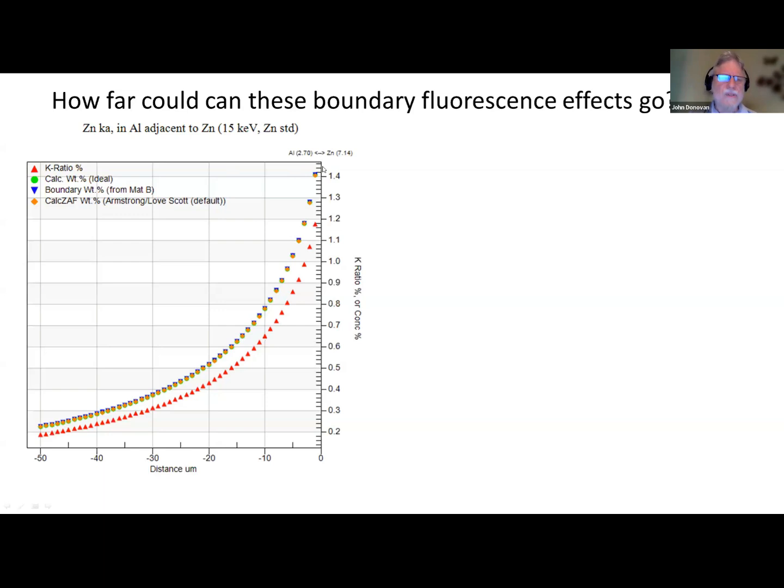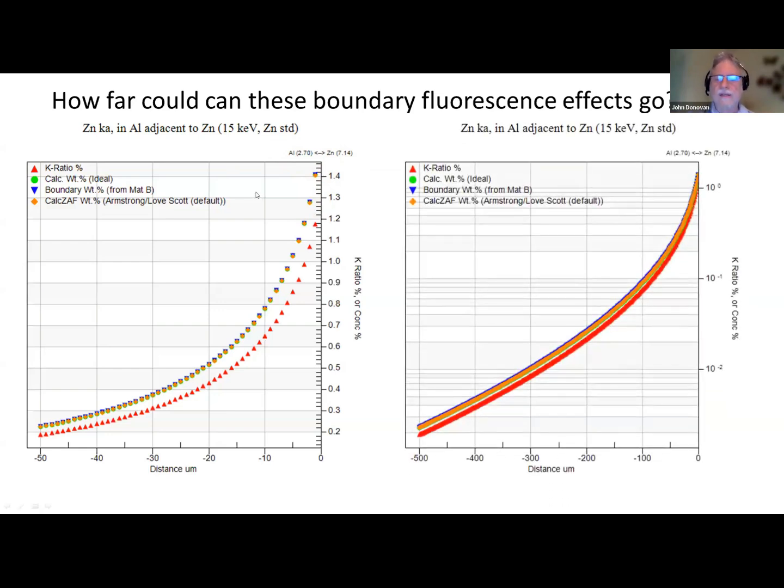So I modeled it, and here we have pure aluminum adjacent to pure zinc, and we're getting about 1.4 weight percent at 1 micron from the boundary. And this is not electron leakage. This is actually X-ray fluorescence. The X-rays go much further than the electrons, and in this model we don't even consider the electron leakage.